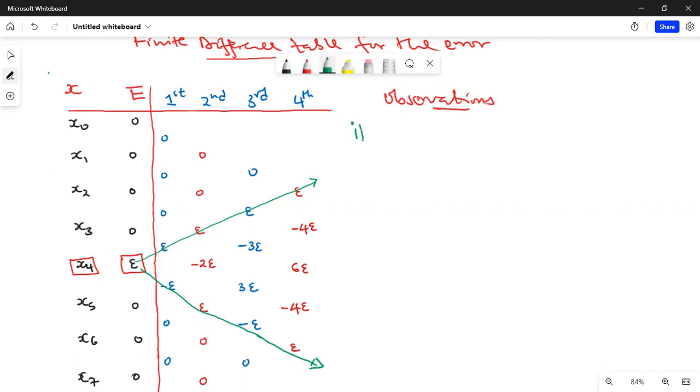The first observation is that the error spreads and increases in magnitude as the order of the differences is increased.